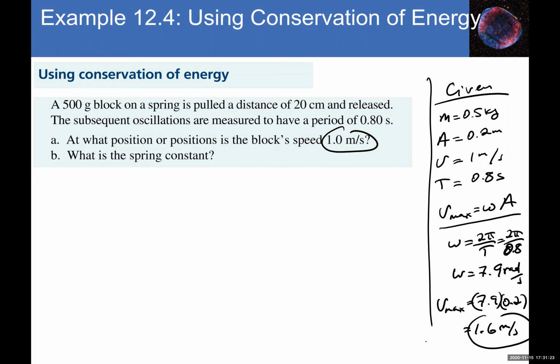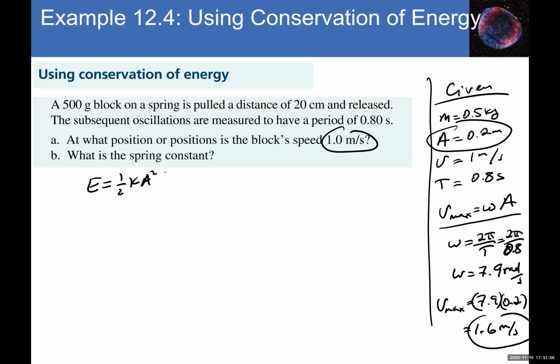That means we have to try to find that position. The easiest way is to use the energy approach. We could also use the equation of motion that we derived, but I can do the same thing using energy. With the amplitude, I can calculate the maximum energy, which is 1/2 k A squared.